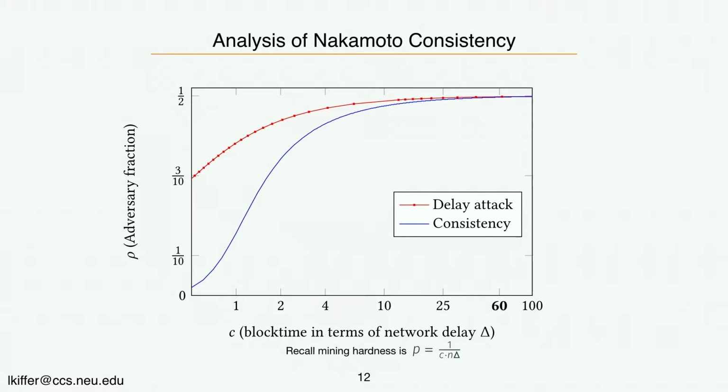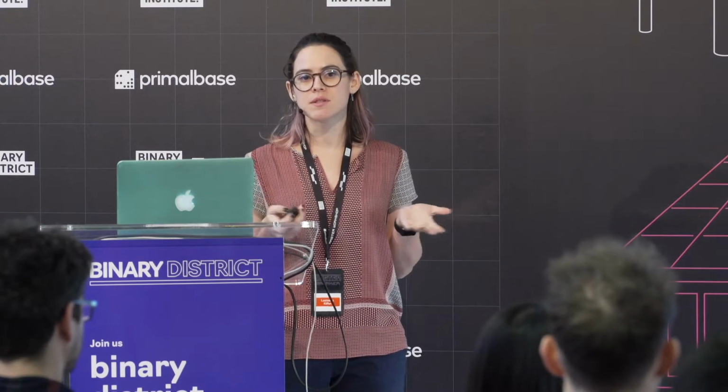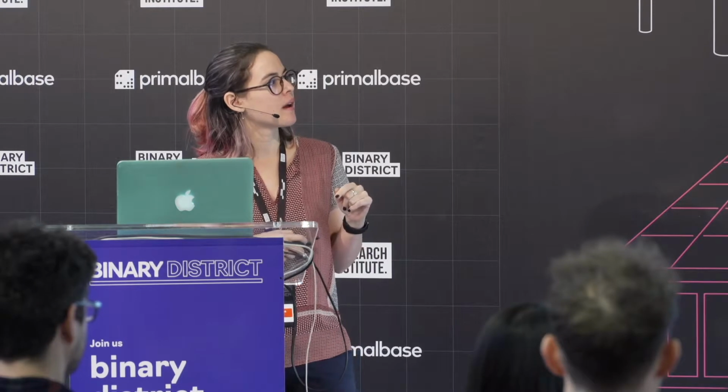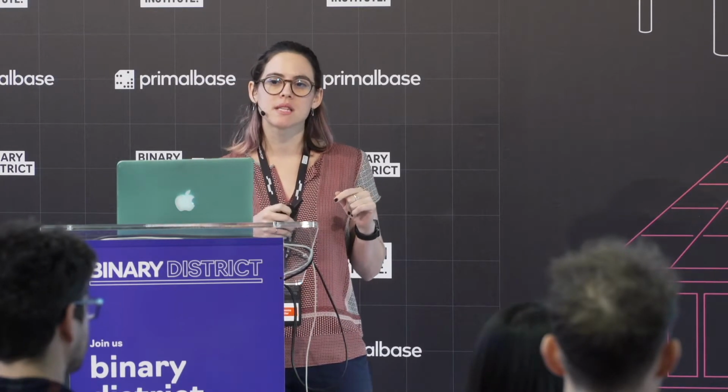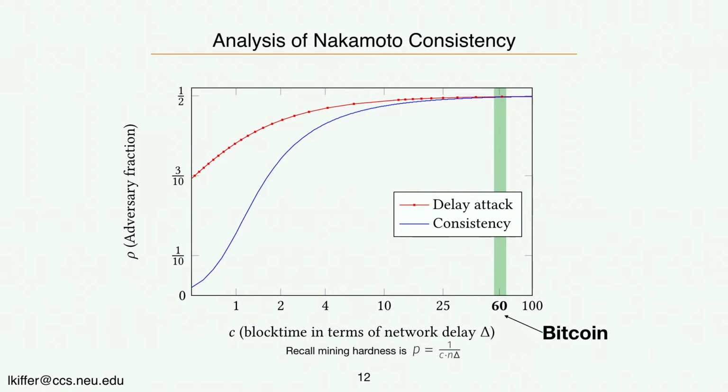So if we take Bitcoin's network delay to be 10 seconds, which is probably more than is accurate, then Bitcoin would be at about c equal to 60, so blocks every 10 minutes. And you see here that basically consistency for Nakamoto's protocol is as good as it gets. The red line here represents a delay attack similar to the 51% attack, and that's not going to happen when c is equal to 60 in this model.